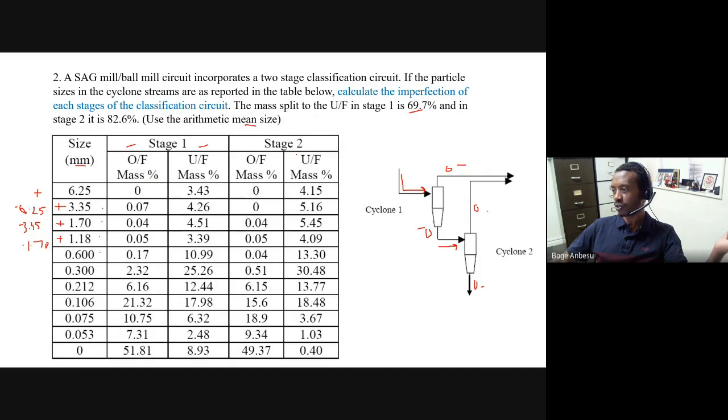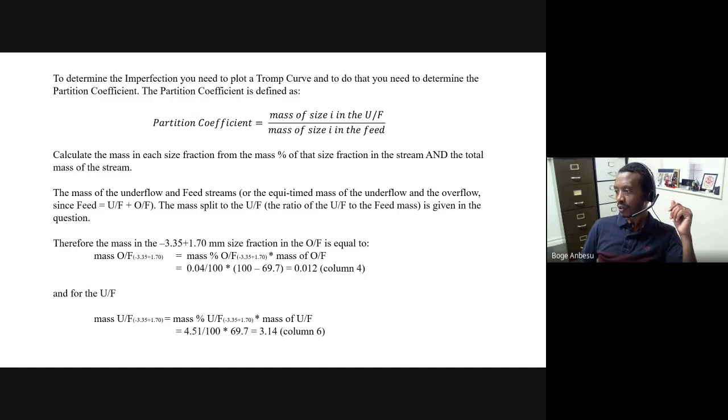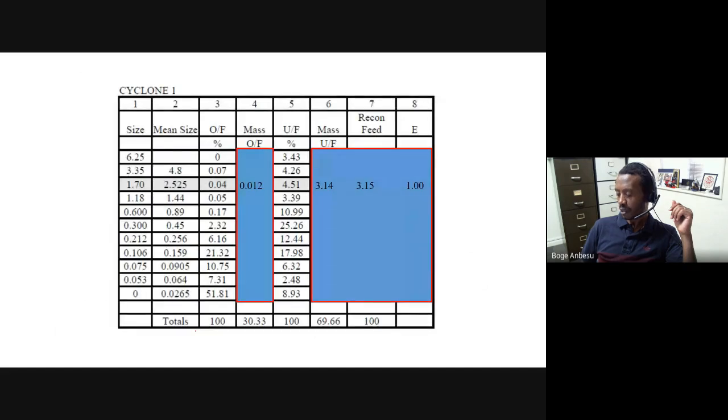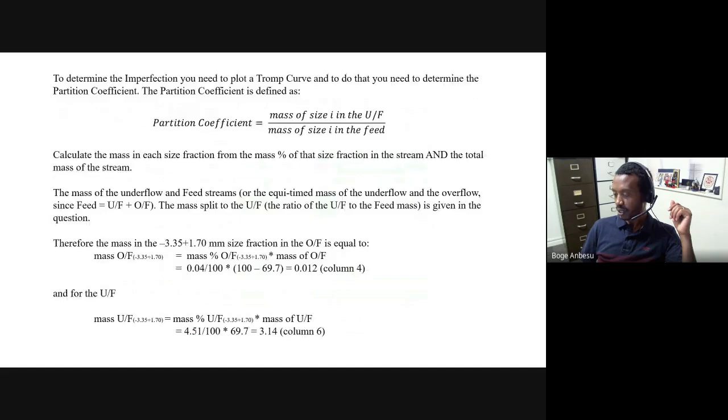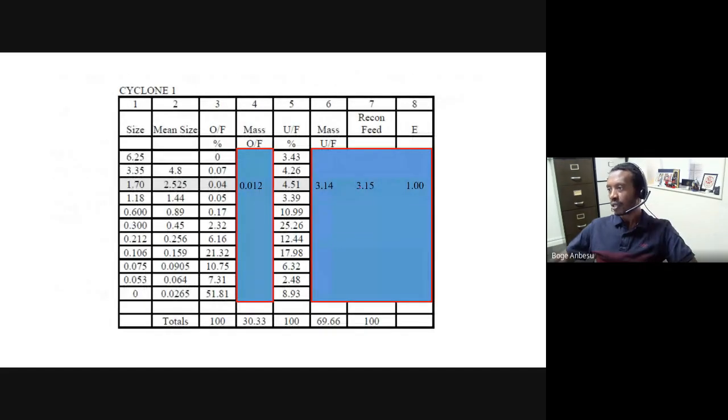So don't worry about stage 2 for now. For stage 1, the feed comes in, splitting into overflow and underflow, and in this case, the particle size distribution for each is given. That's basically the same concept.